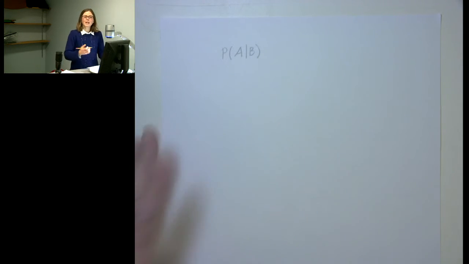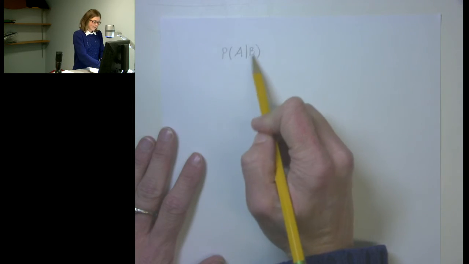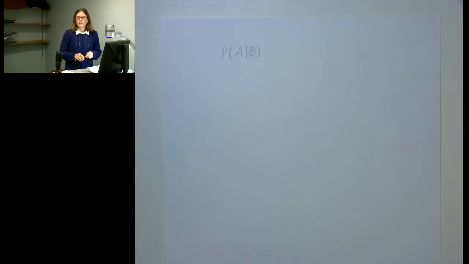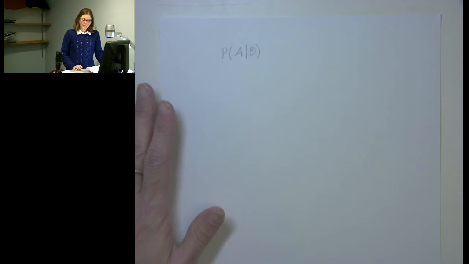So when we see the word if, we need to think conditional probability. Sometimes people make the mistake of thinking that that is an intersection. But if I'm talking about the probability of earning an A in the course if you do all your homework, that's conditional on you doing all your homework. What is the probability that you get an A in the course? Not the probability that you will do both. Right, so that is just a first aside.